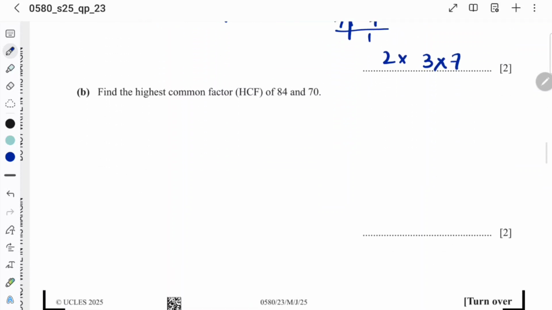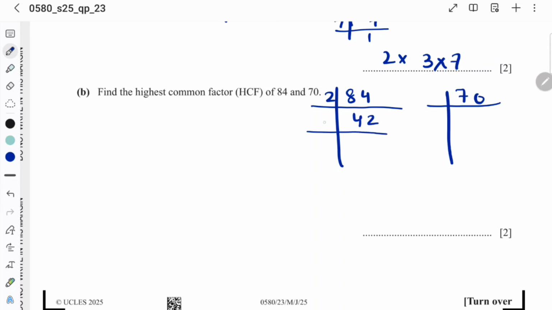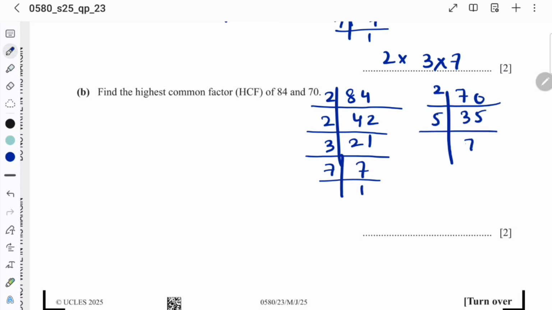Find the highest common factor, HCF, of 84 and 70. Take the 2 times table: 2 times 42, 2 times 21, 3 times 7, and 7 times 1. Now 70: 2 times 35, 5 times 7 is 35.